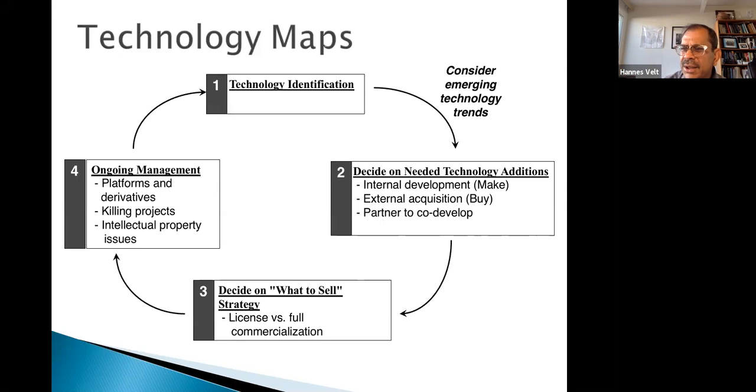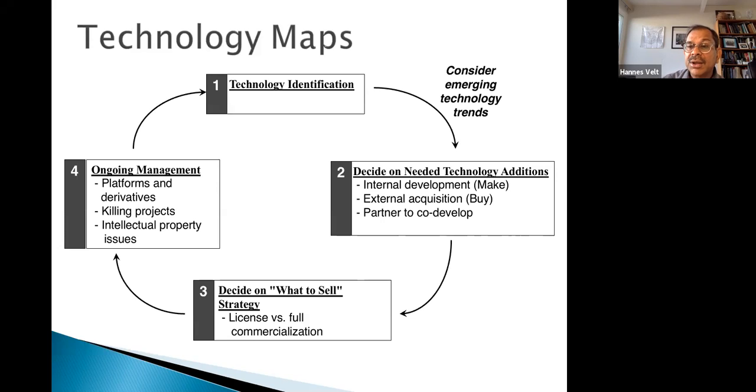So every company needs to now ask this question: how is artificial intelligence going to affect my business in the future? And if you find that you don't have AI capabilities within your internal technology portfolio, then you have to go to stage 2. How do you get that? How do you get access to AI technology?